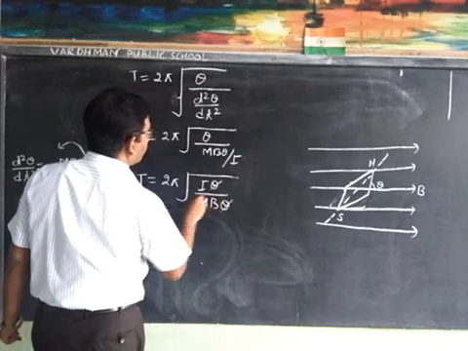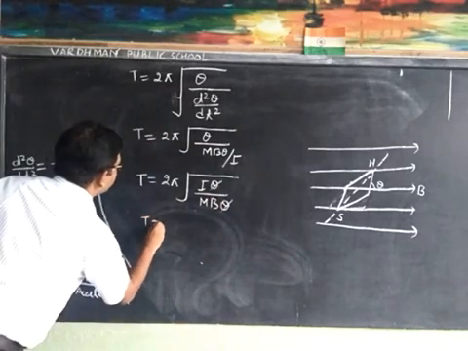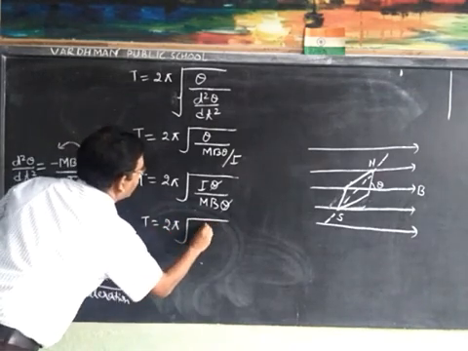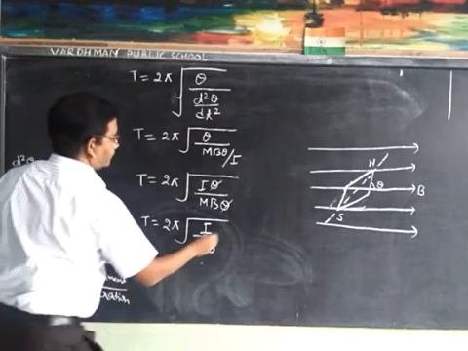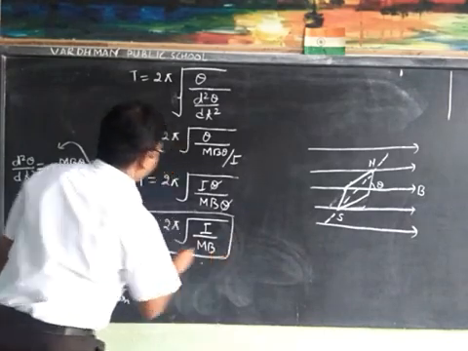Now cancel theta from numerator and denominator. Then T is equal to 2 pi under root I upon mB. This is the equation for time period.